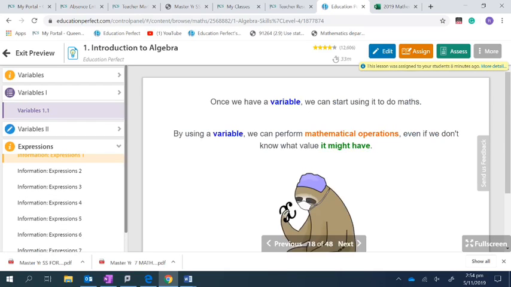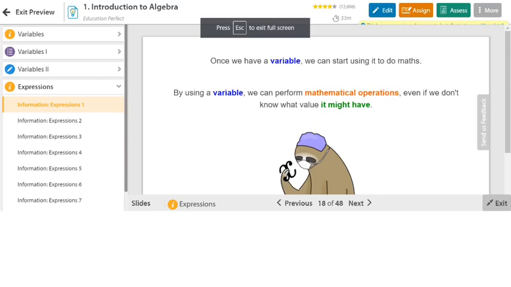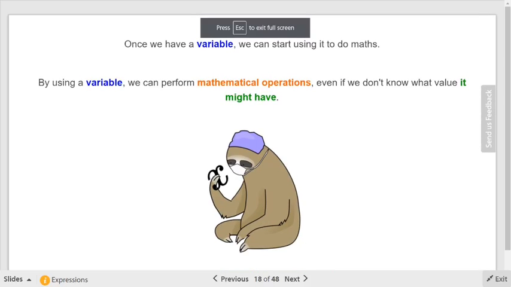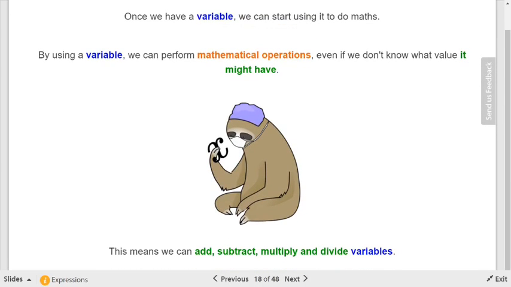Okay. The next thing we want to talk about is an expression. An expression simply means that you have some combination. So let's go ahead and just write that on.